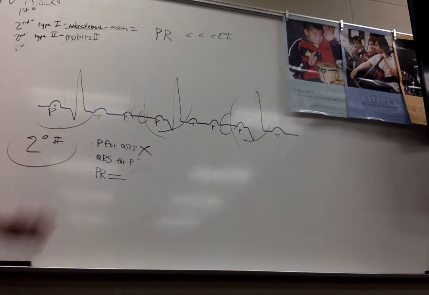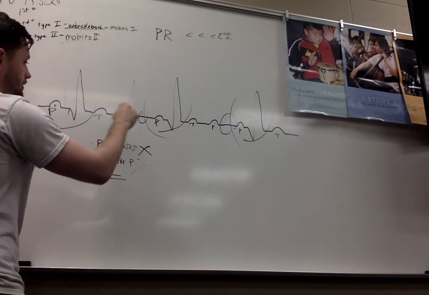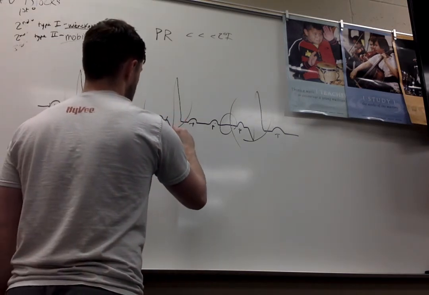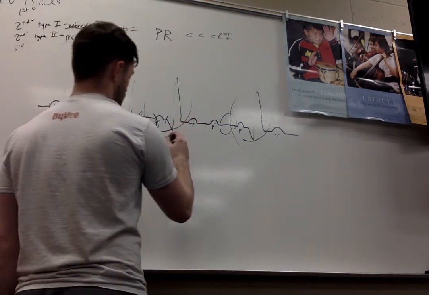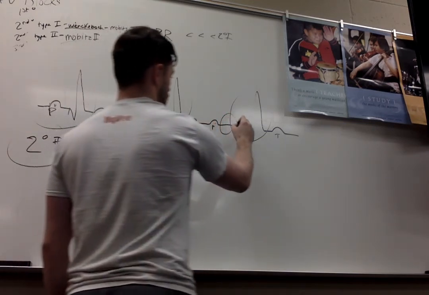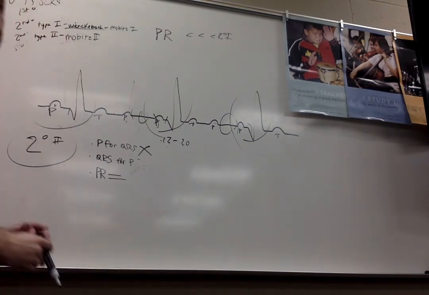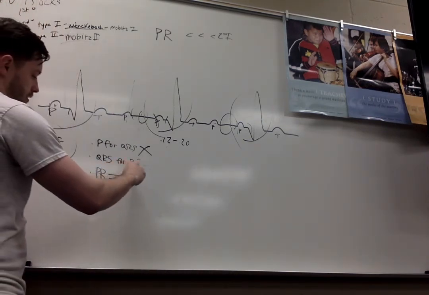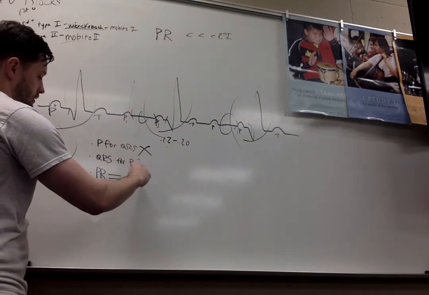So next thing you do, look at PR. If it's normal, 0.12 to 0.20, that's normal. This is a type 2. So PR is normal. That's the number one thing in your blocks.